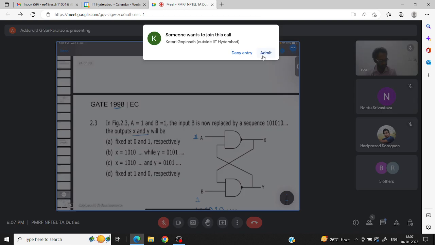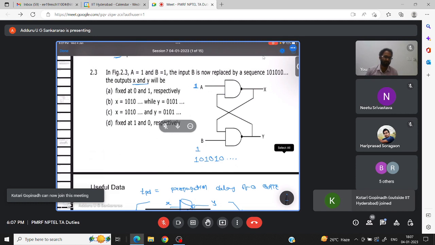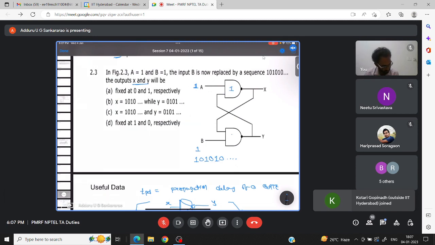Now let us see here. Let us say this is gate 1 and this is gate 2. For the first NAND gate, the propagation delay is low. That means NAND gate 1 responds faster compared to NAND gate 2. That is the assumption.